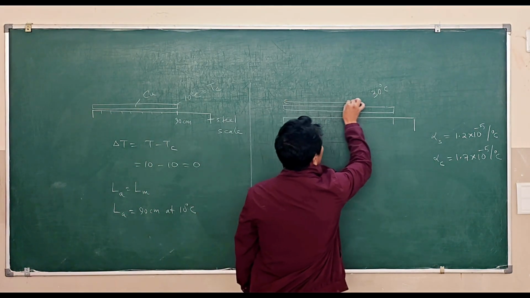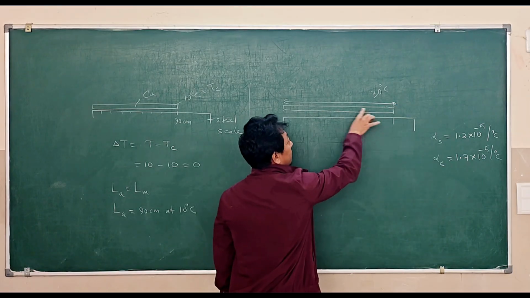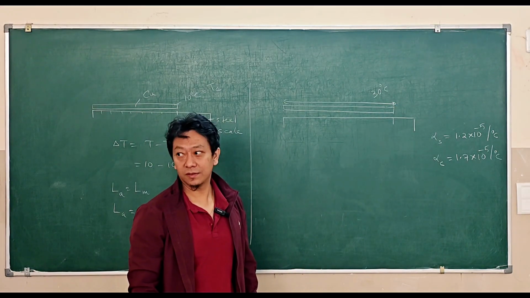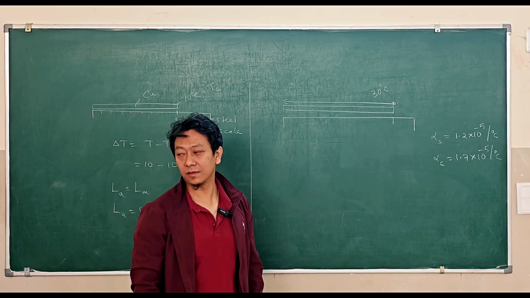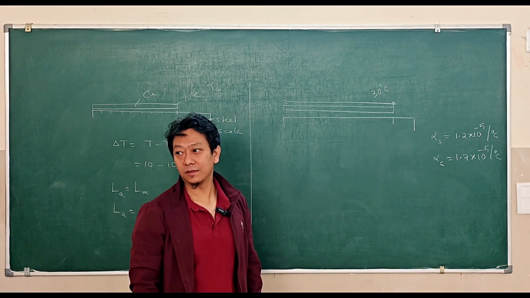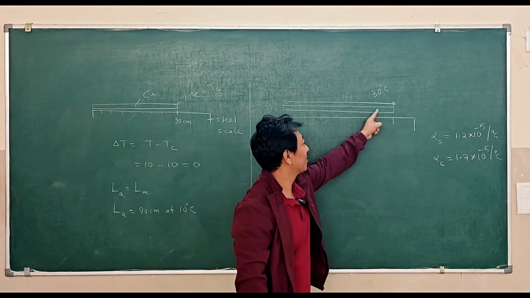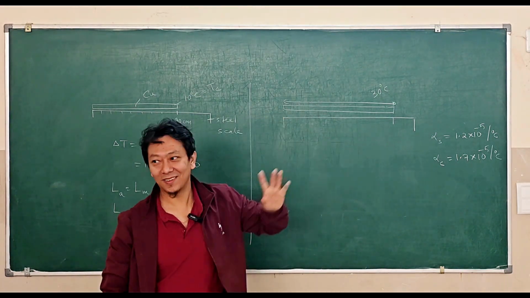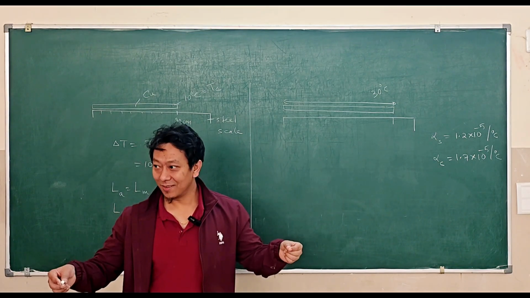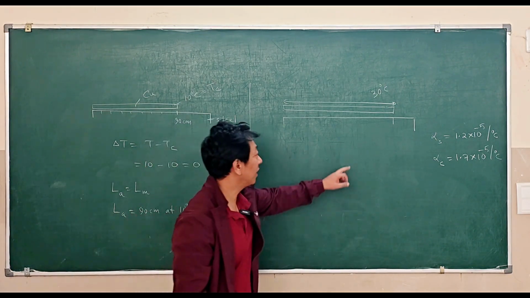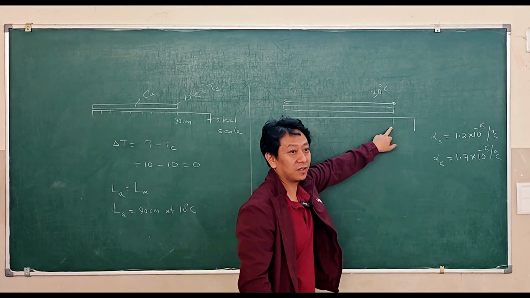This is the what length? Actual length or measured length? The length of this rod I am saying. Then what is actual length? Measured length is what this number shows.